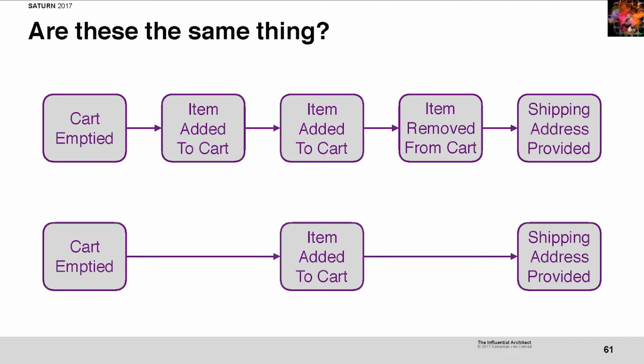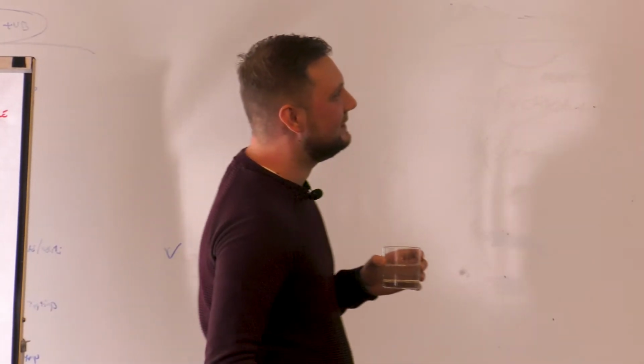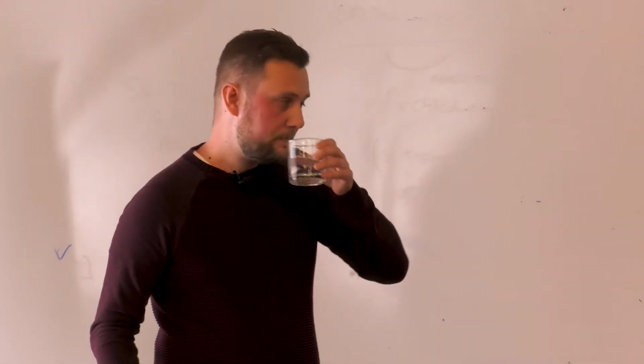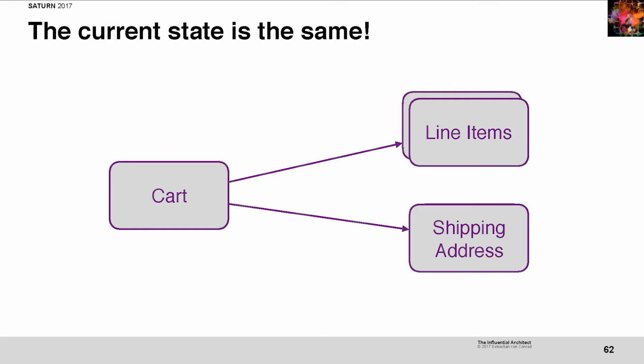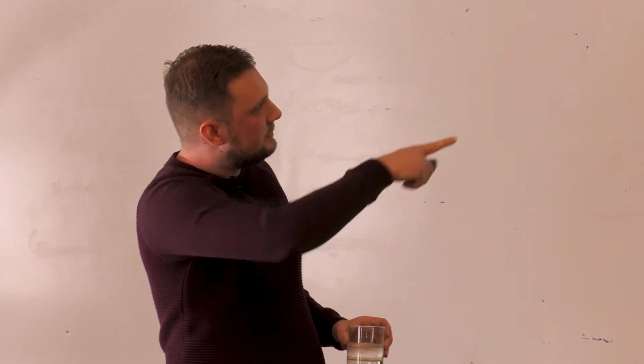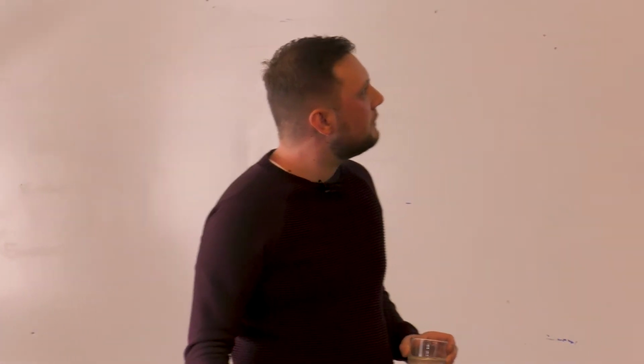Are these 2 things the same thing? No, maybe. The current state that's derived from this would be the same, right? In one case, yeah, it would be the same.